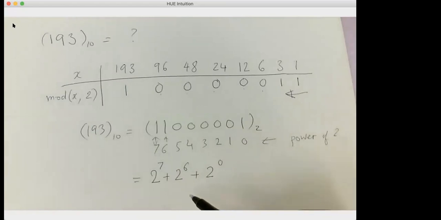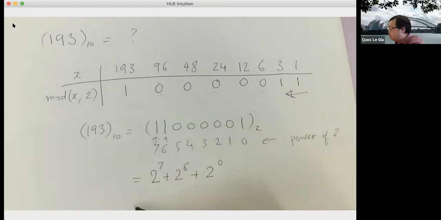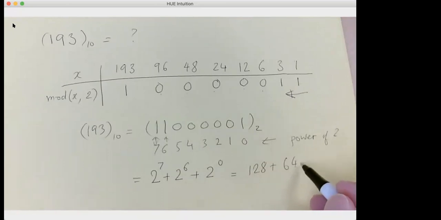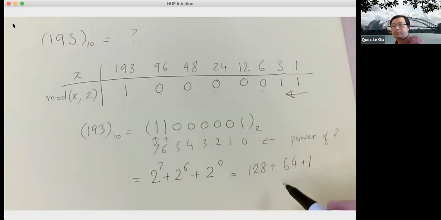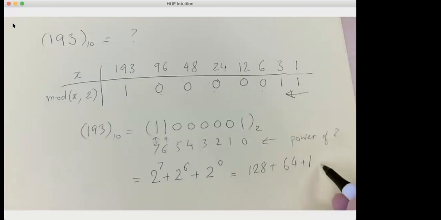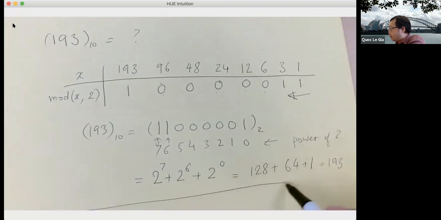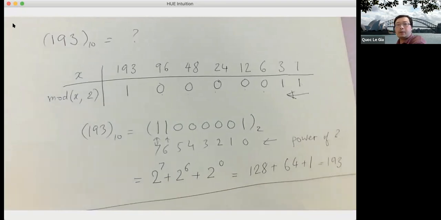So this will be 128 plus 64 plus 1, and you can sum it up. This is just 193. And that is the binary representation of 193.